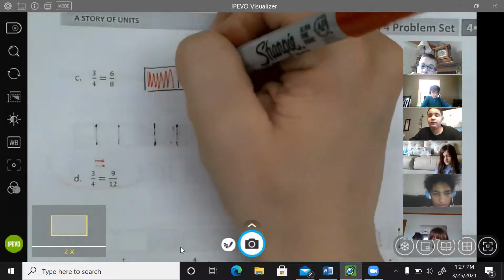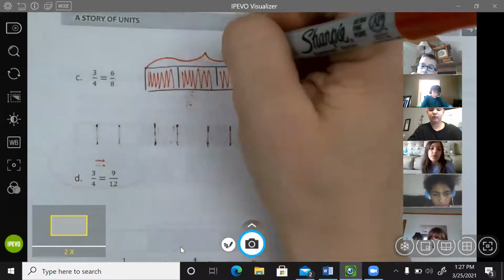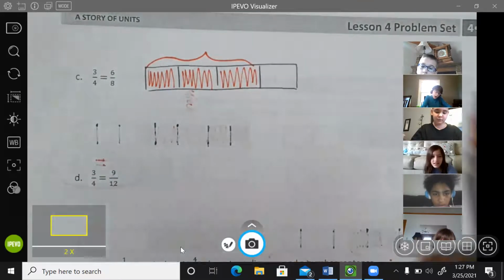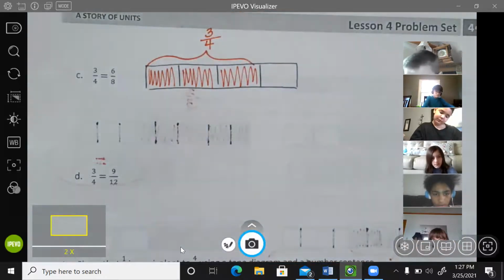And what do these 3 pieces represent? What fraction? 1/4. All together? No, I meant 3/4 all together. Good. Just one of them equals 1/4.